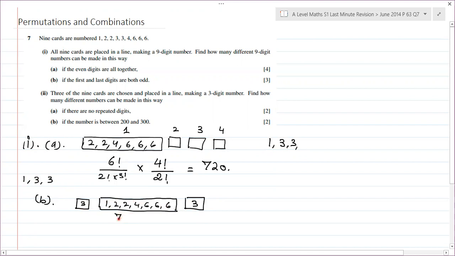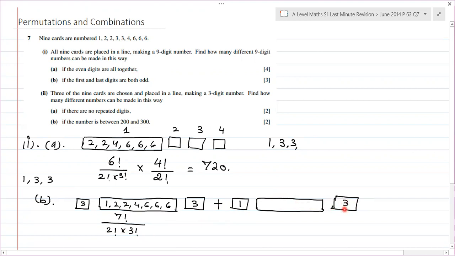So that's going to be 7 factorial divided by 2 factorial for the 2 2's times 3 factorial for the 3 6's. Or I can have the first block as my first digit being 1, followed by my 7 digits, and my last digit being a 3.